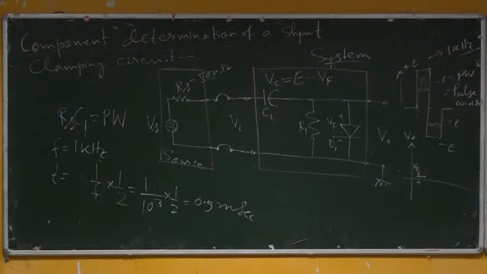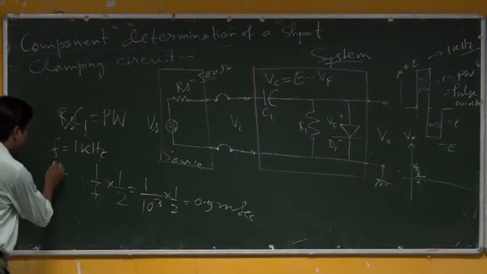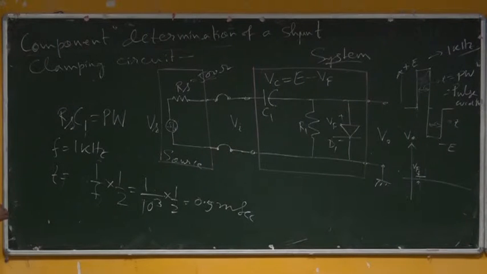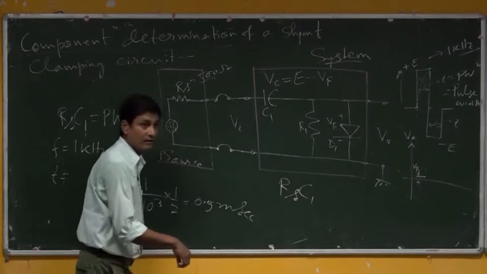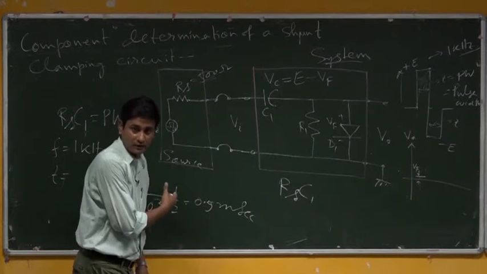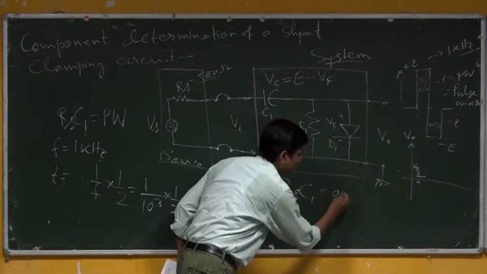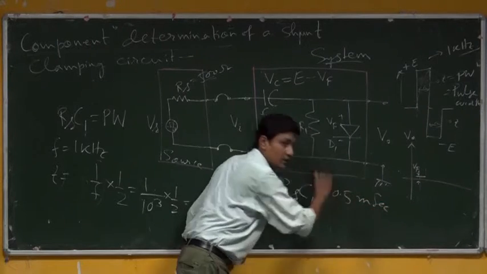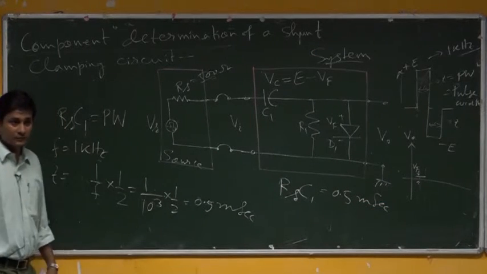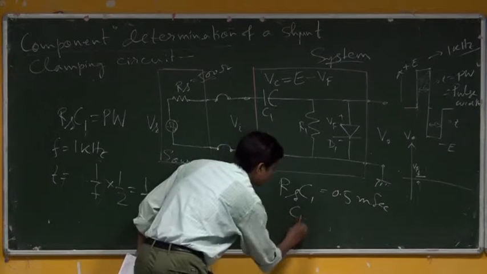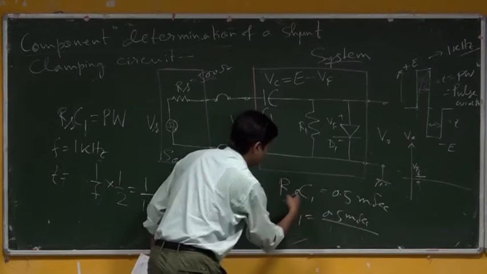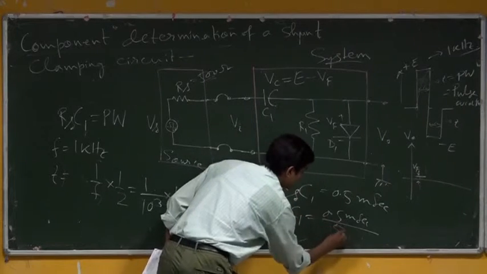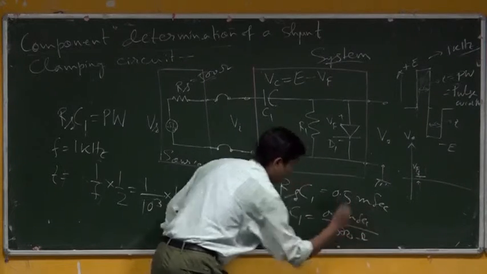Any problem? If this t is 0.5 millisecond, then Rs C1, that is the pulse width, equals 0.5 millisecond. So please calculate the value of C1: 0.5 millisecond divided by Rs, which is 500 ohm.